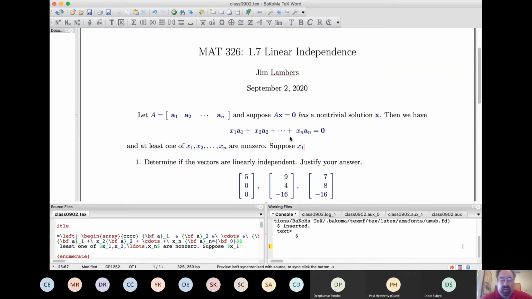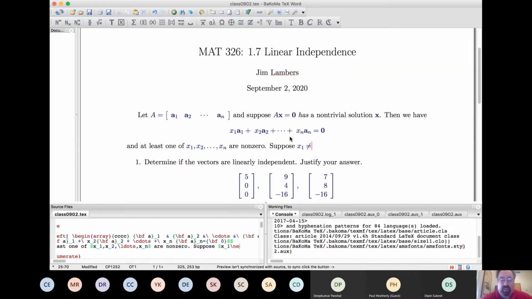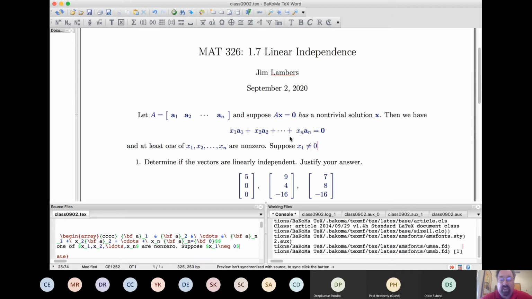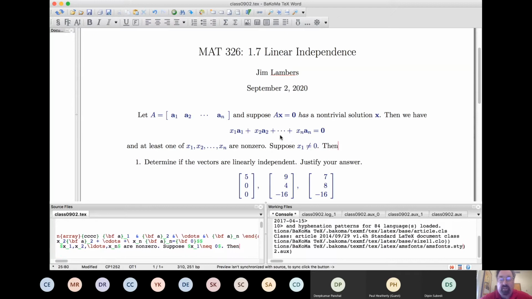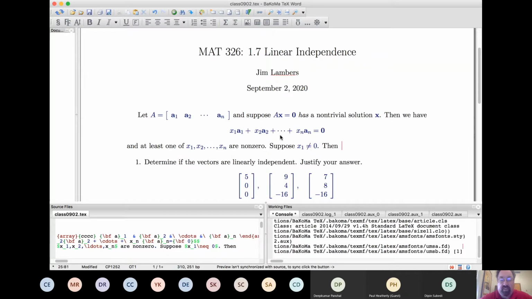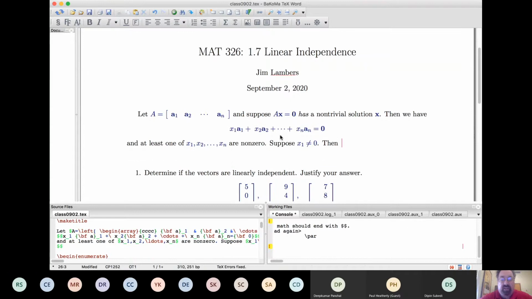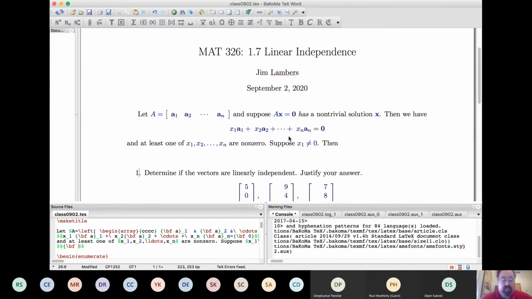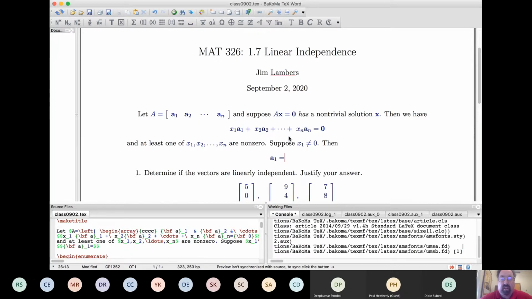So what I'm going to do here is, since at least one of these has to be non-zero, I'm going to pick one. Let's suppose that x1, that coefficient, is non-zero. So then what I can do is solve this equation for A1.